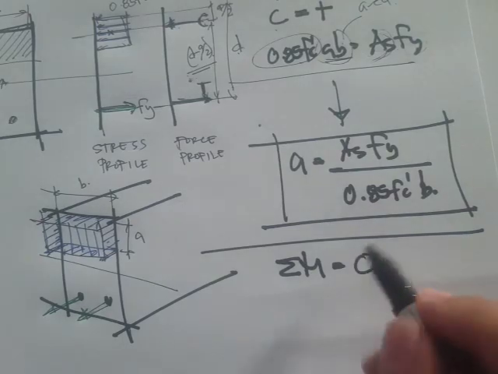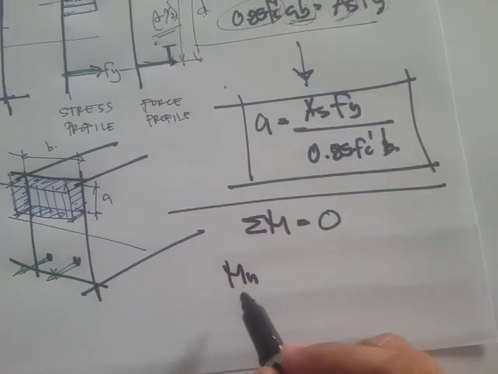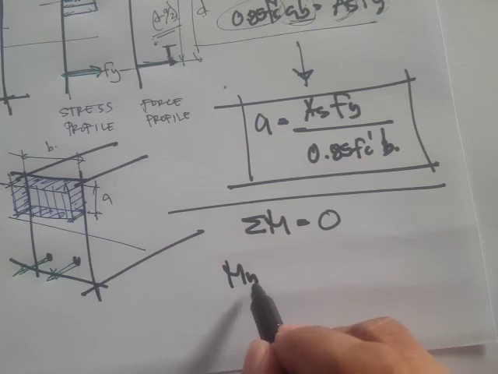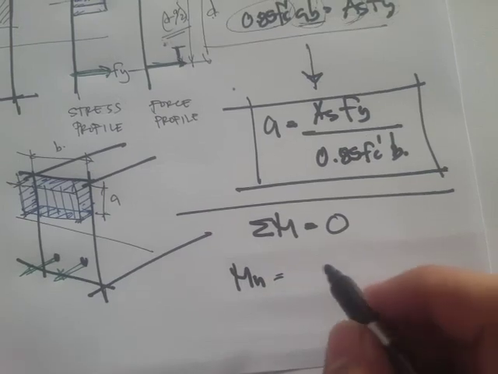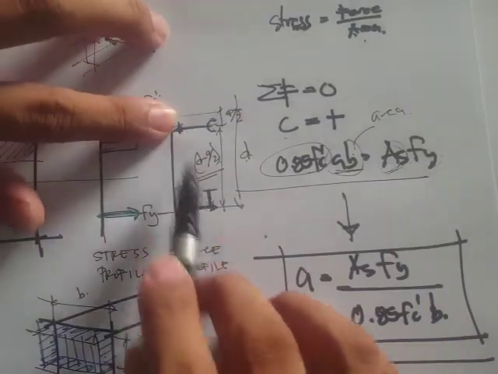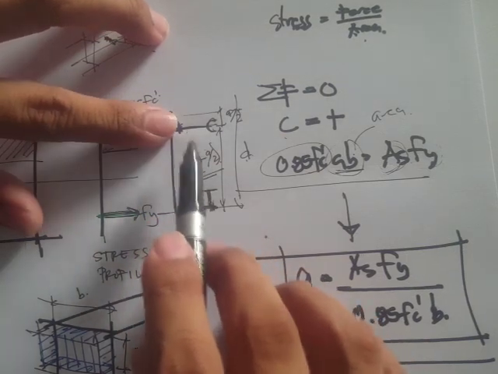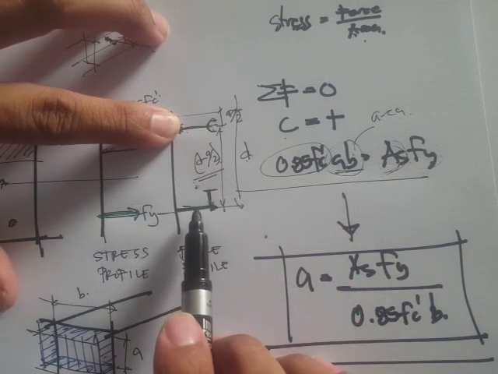So if you take moments, what we get is the nominal moment, M sub N. So nominal moment capacity of the beam is equal to the tension force. Okay, so this is our point of rotation. So this is our force, which is the tension force, which is AsFy.